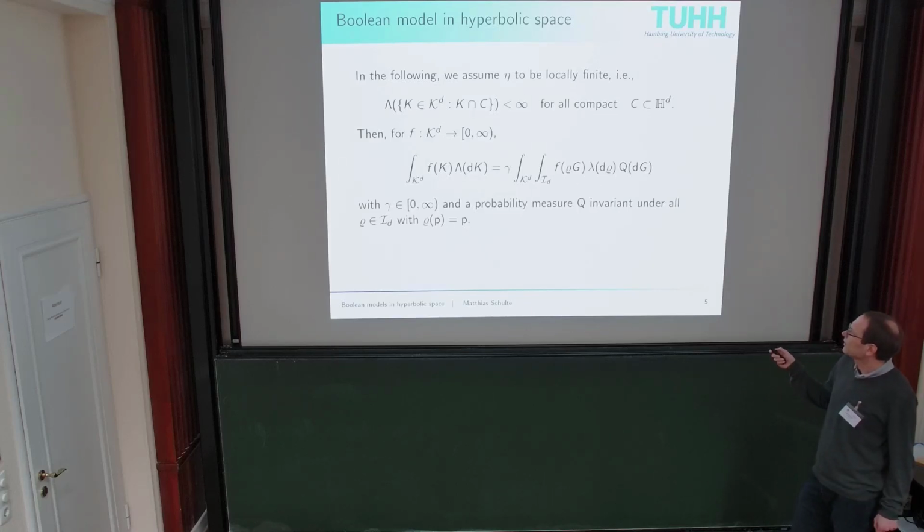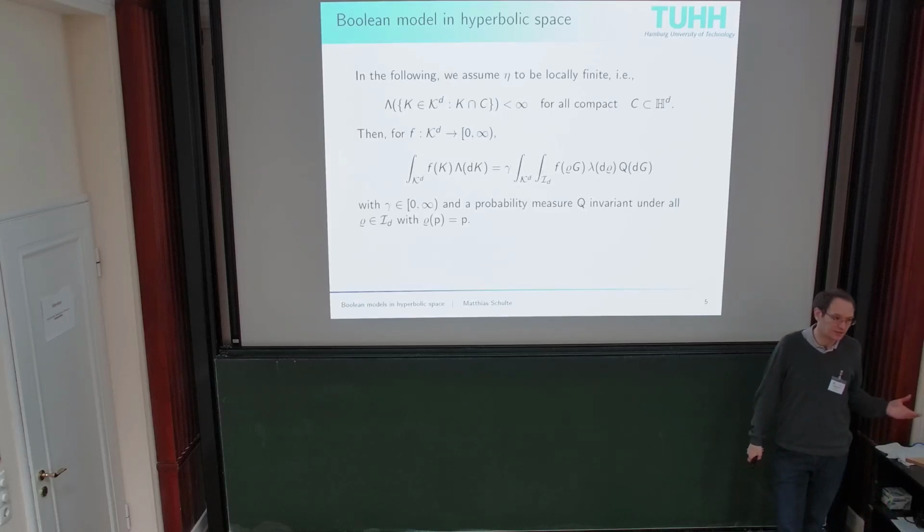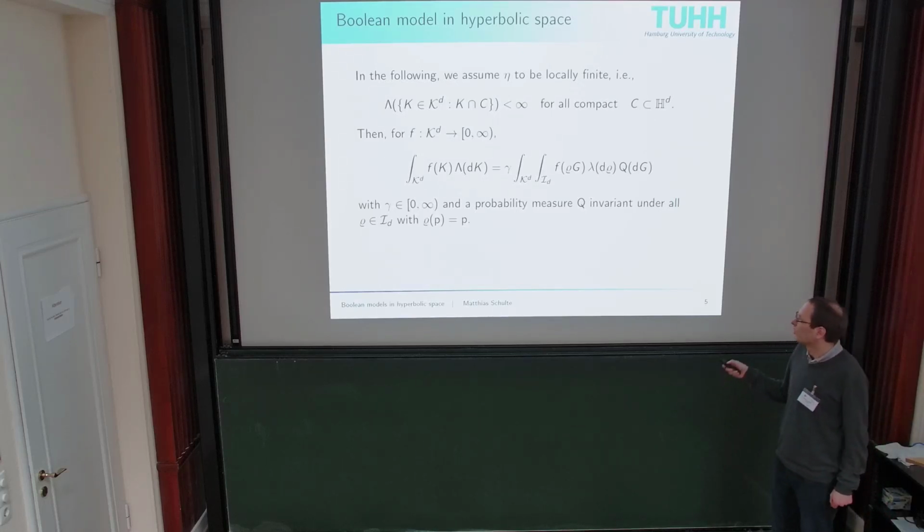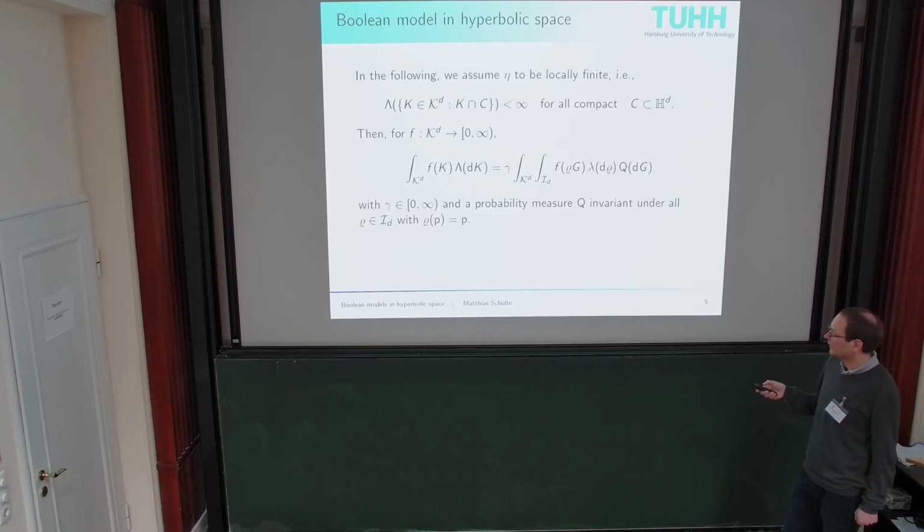Moreover, this probability measure Q has the property that it is invariant under all isometries keeping our point P fixed.